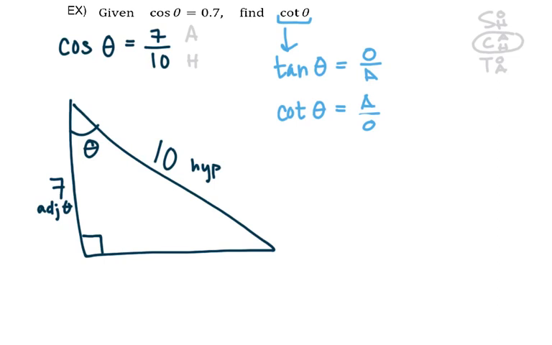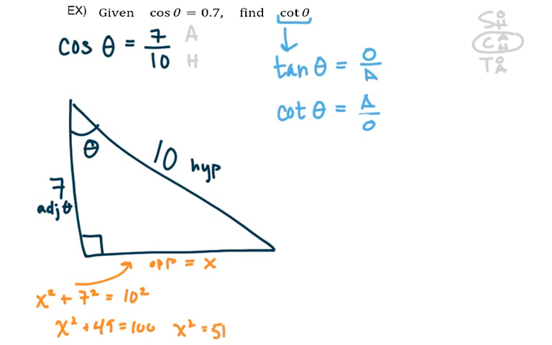We can find the opposite side. If we're missing a side on a right triangle, we can use the Pythagorean theorem. So by the Pythagorean theorem, to find my opposite side, I'll just call this x. x squared plus 7 squared equals 10 squared, which is 100, so x squared plus 49 equals 100. x squared equals 51, or rather this opposite side, x, is going to equal the square root of 51.